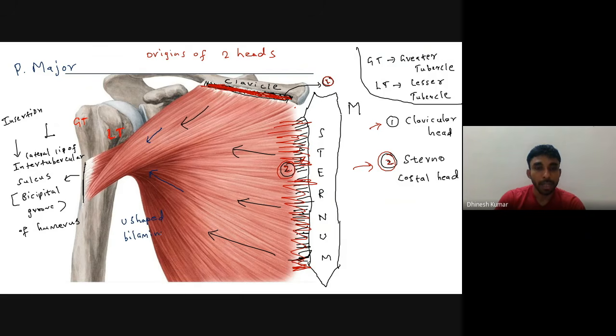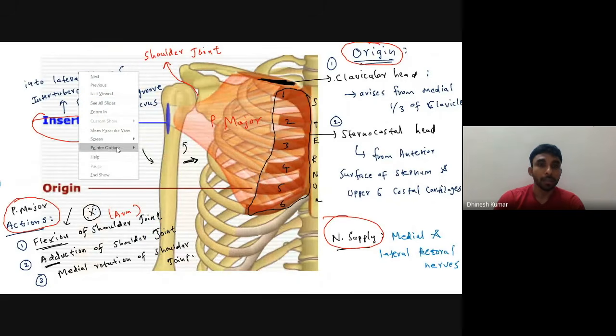The upper fibers are getting inserted into the lower part of the intertubercular sulcus of humerus, and the lower fibers, after forming the U-shaped tendon, are getting inserted into the upper part of the intertubercular sulcus of humerus. Okay, fine.